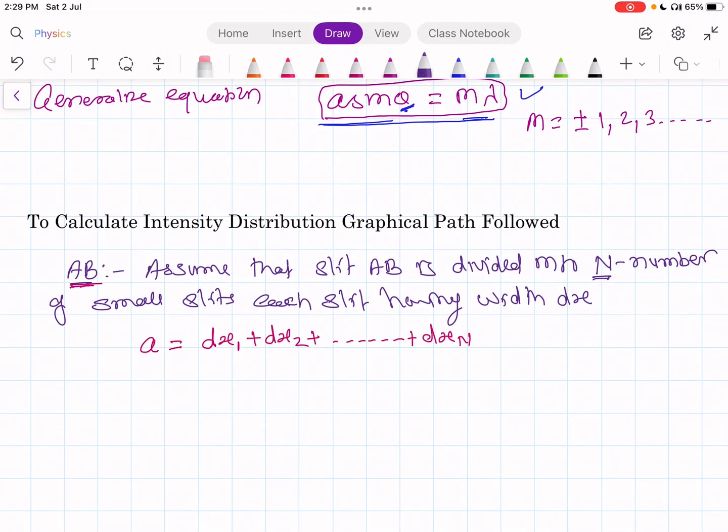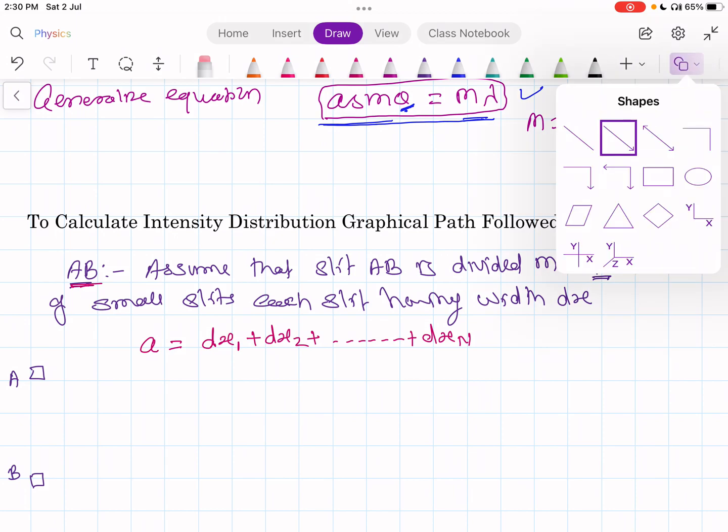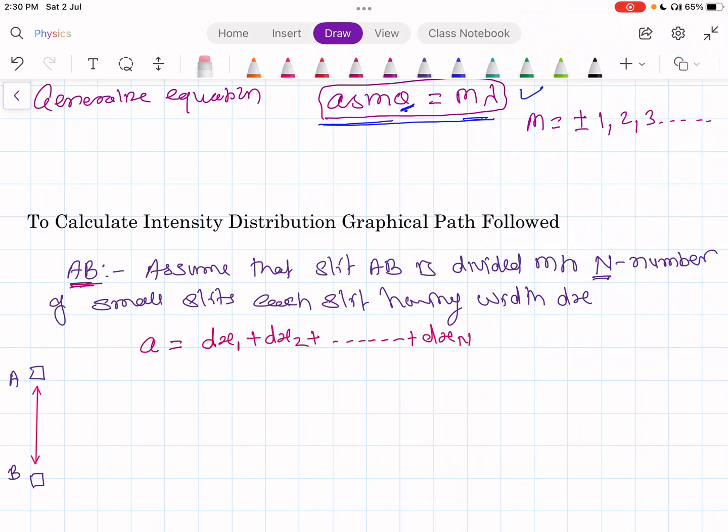Suppose this is our slit AB, and in this AB, whose width is a, but now in this slit there are n number of small slits. Each one is having equal width equal to dx.